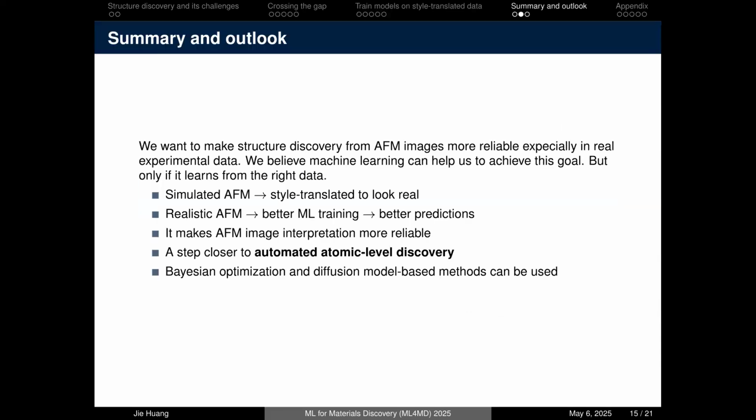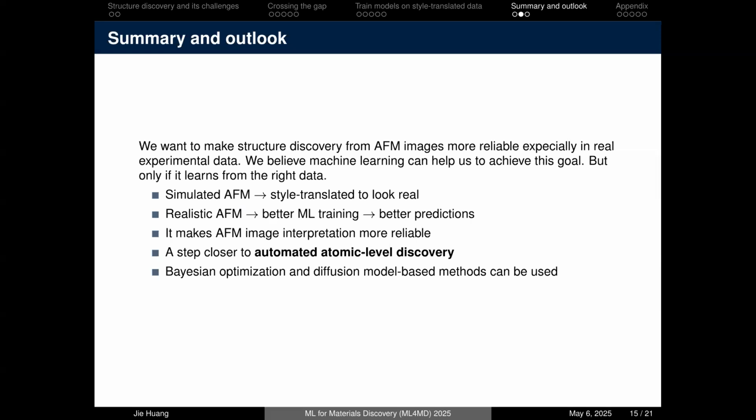So let's bring it to my conclusion. In this work, we want to make structure discovery from AFM images more reliable, especially using real AFM images. We believe machine learning can help us achieve this goal, but only if it learns from the right data.